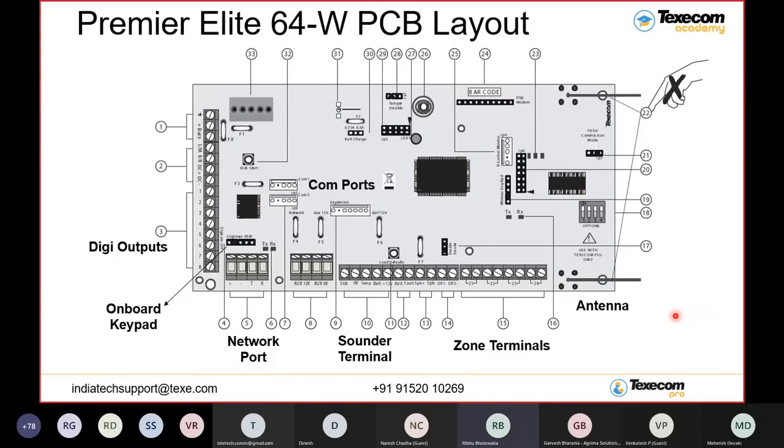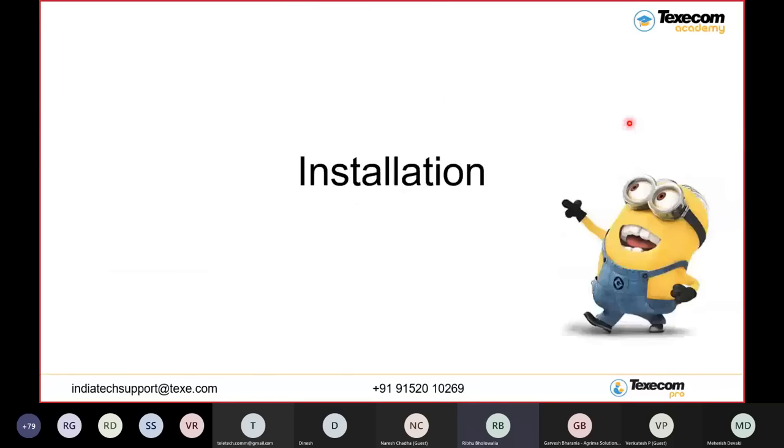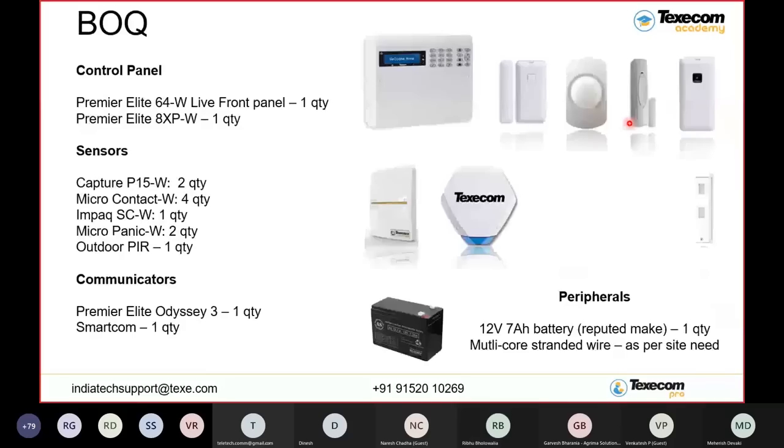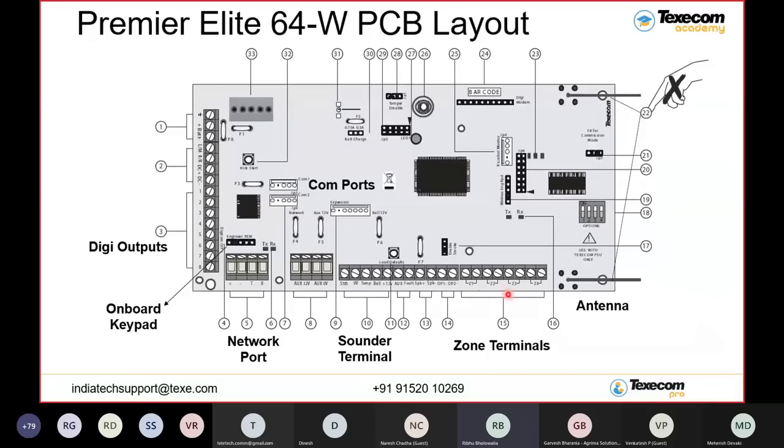So this is a deeper image, or I can say the PCB layout, of the Elite 64W control panel, the panel which we are installing at Mr. Sharma's house. Inside the control panel, we have this PCB layout. You have already learned this in our previous training presentations, so I will not go into much detail.